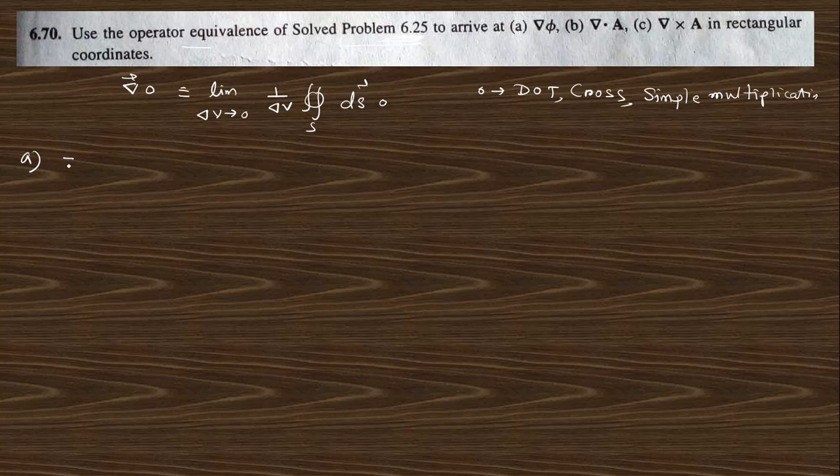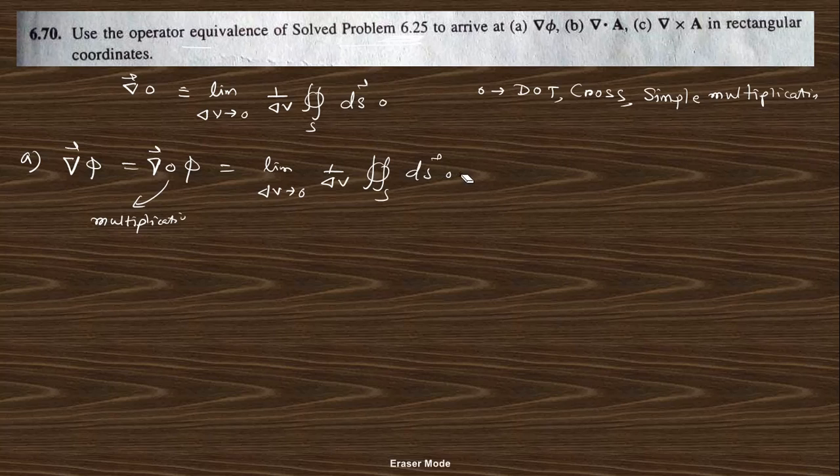So at first, this is taken as phi, and this is taken as simply multiplication: limit delta v tends to 0, 1 by delta v, surface integral of ds into psi. This is simply multiplication, right?